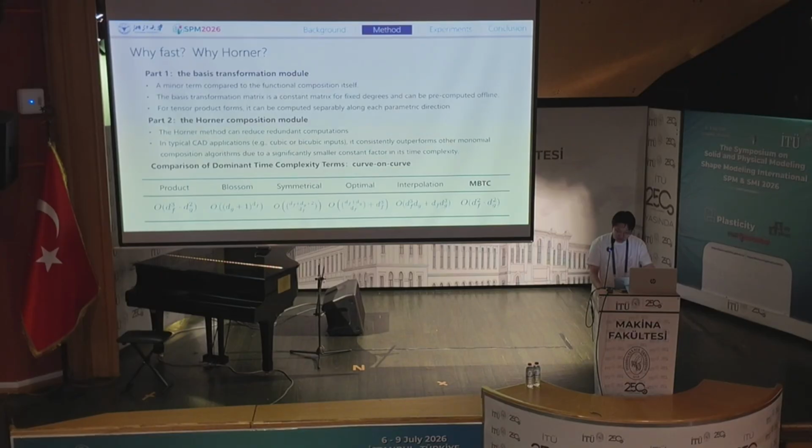Other advanced algorithms only perform better at extremely high degrees. Finally, taking the curve case as an example, the dominant term of MBTC's time complexity is always the smallest among all methods. Here, the D denotes the degree of the input function.